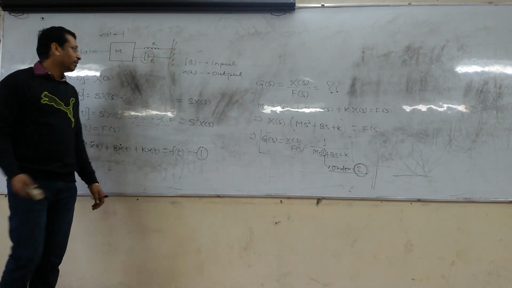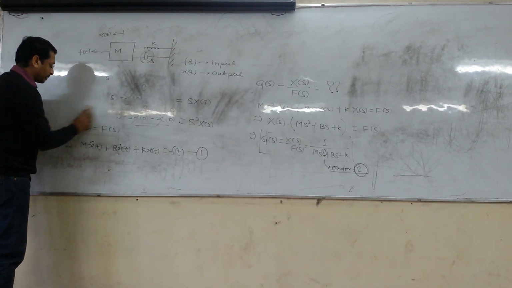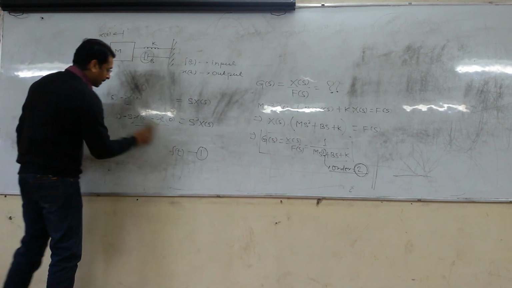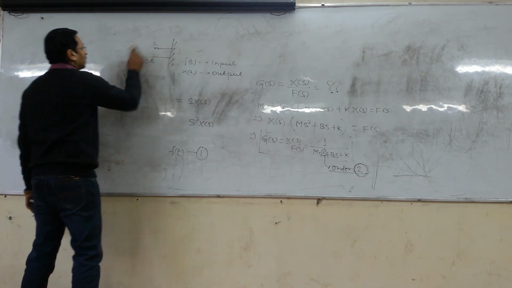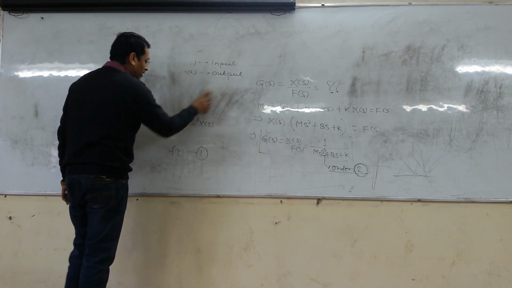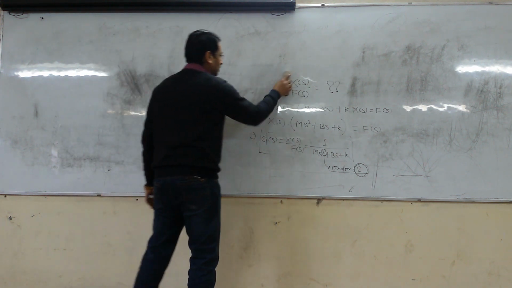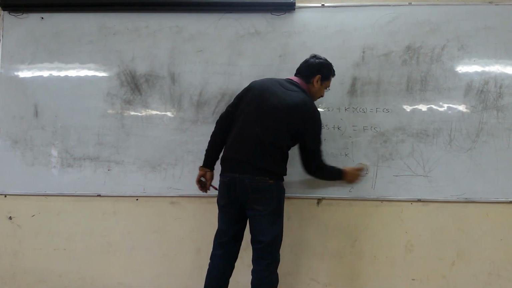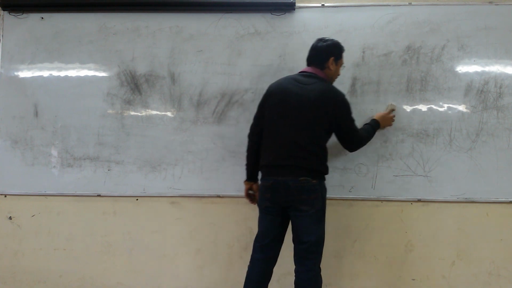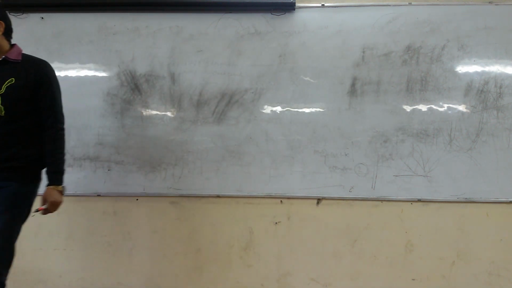That's all. Now let us take another example. The previous example was for a mechanical system. Now we are going to take an example of an electrical system, and try to solve.